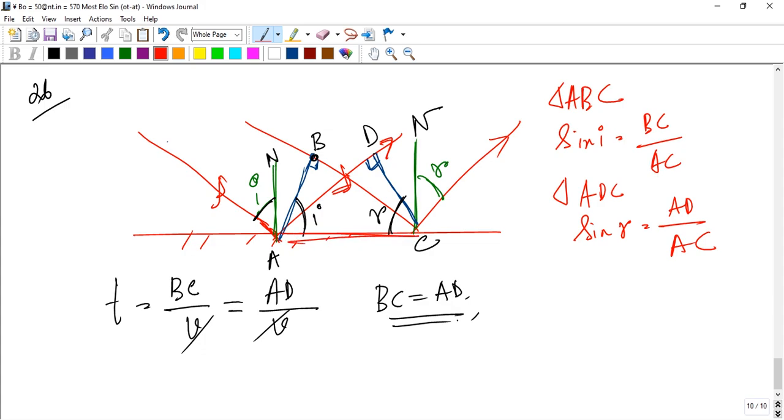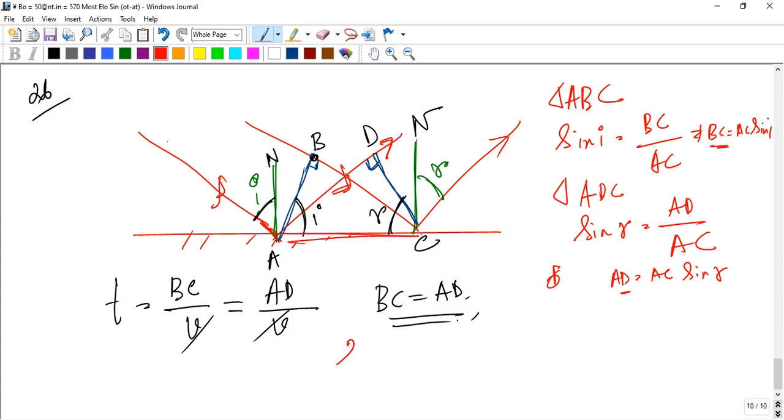AC is the hypotenuse in both cases. So we get BC equal to AC sine i, and AD equal to AC sine r.